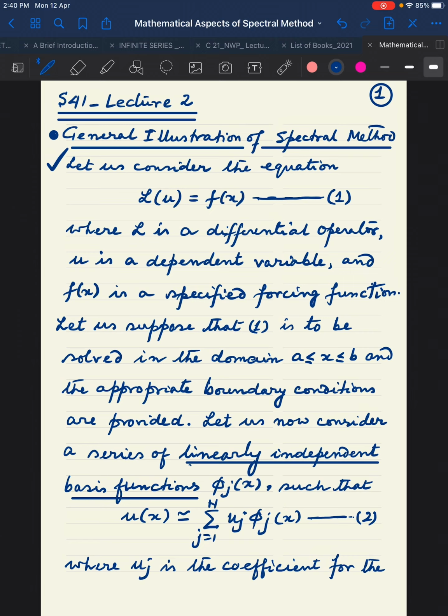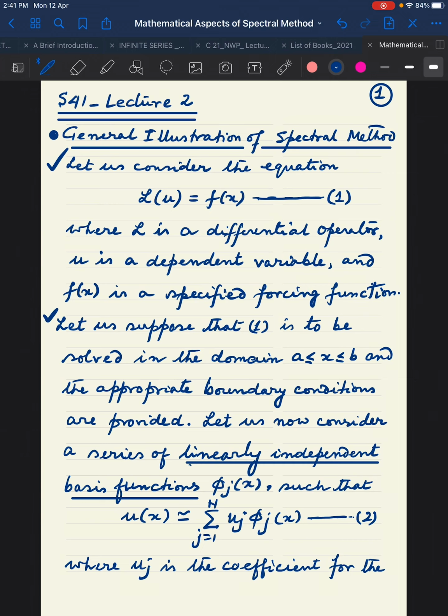You know, if the differential equation involves t as an independent variable, then the forcing function must be a function of t only, not any other variable. Here f(x) is a function of only x. A forcing function in a differential equation will be a function of the independent variable only.